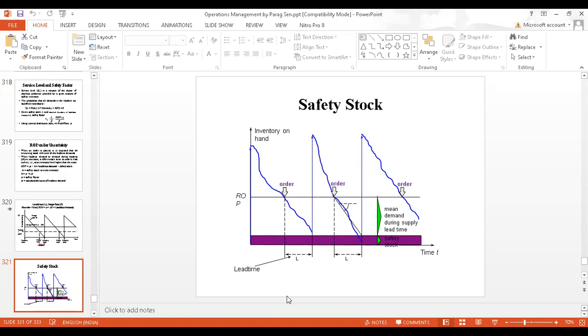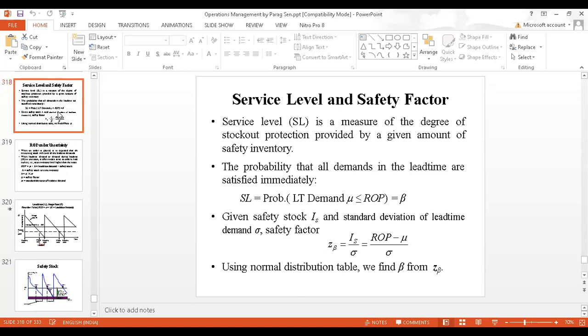That means you won't be able to meet the entire demand of the customers during the lead time. So what is the probability of that? That will be the risk. So the service level is represented this way, and the risk factor is also given in that way.